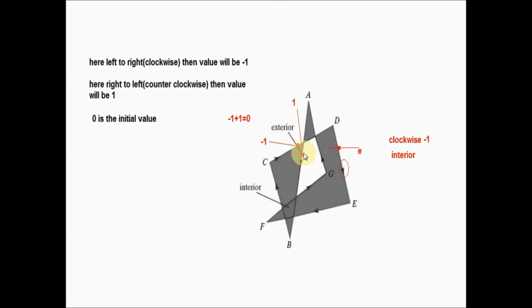Now take the first edge. See the highlighter, this is the first edge. Now see the direction in which it is moving. You are standing right here. See the arrow mark, the edge is moving from right to left.